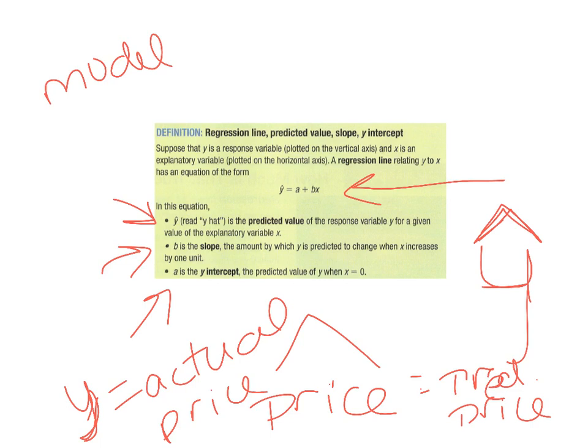On your formula sheet, you are going to have this equation, but it's going to look different. On your formula sheet, you're going to have y hat equals b naught plus b1 x. So either one is acceptable. Both this one and this one are acceptable.